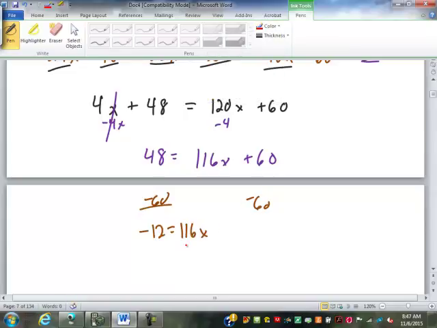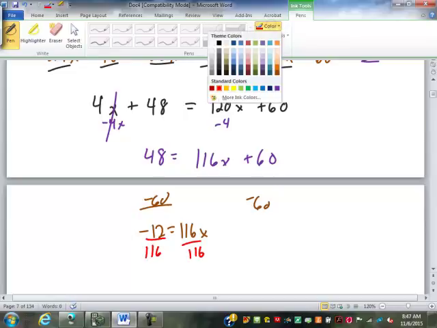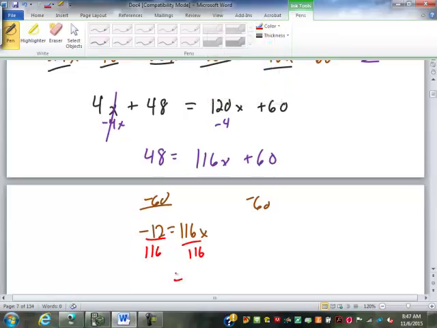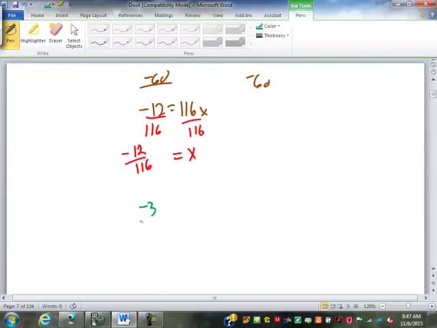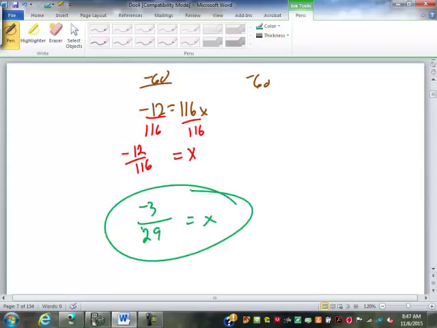And then divide by 116. So x equals negative 12 over 116, which reduces by 4, giving me negative 3 over 29. X is negative 3/29.